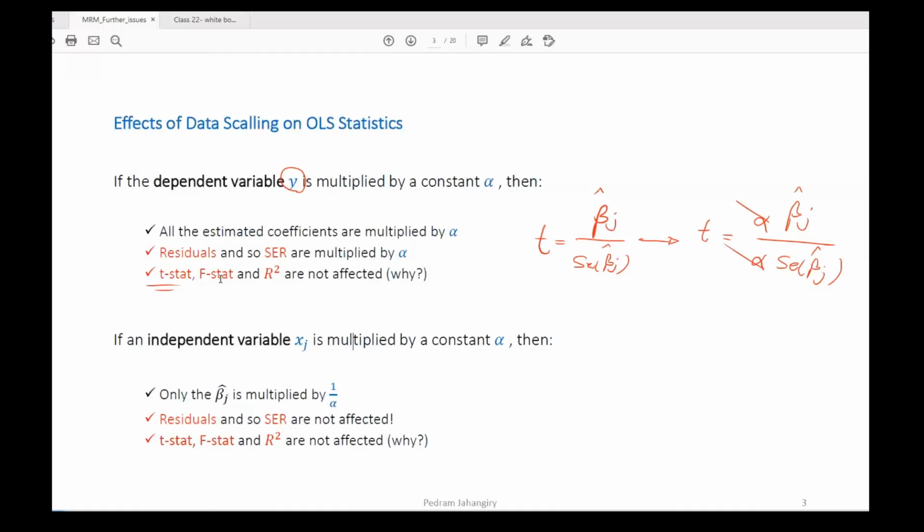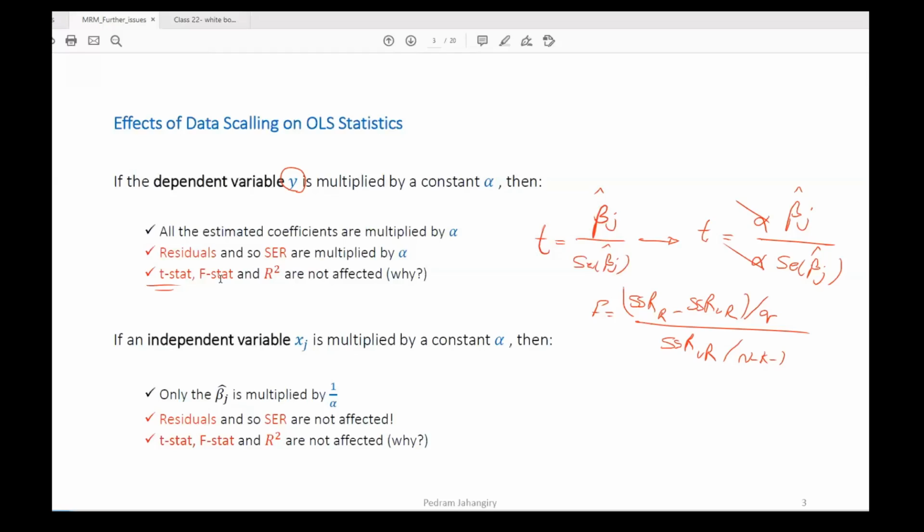For the f statistic, you can give it a try. If you use any of those formulas that we had for f, for instance, SSR restricted minus SSR unrestricted divided by the degrees of freedom or the number of restrictions, and then SSR unrestricted divided by n minus k minus 1. If I multiply y by alpha, what will happen to SSR?